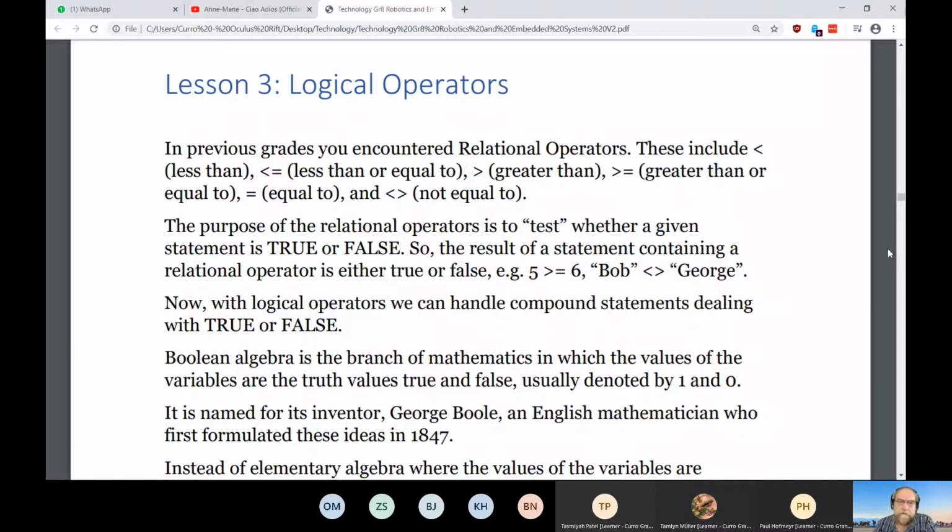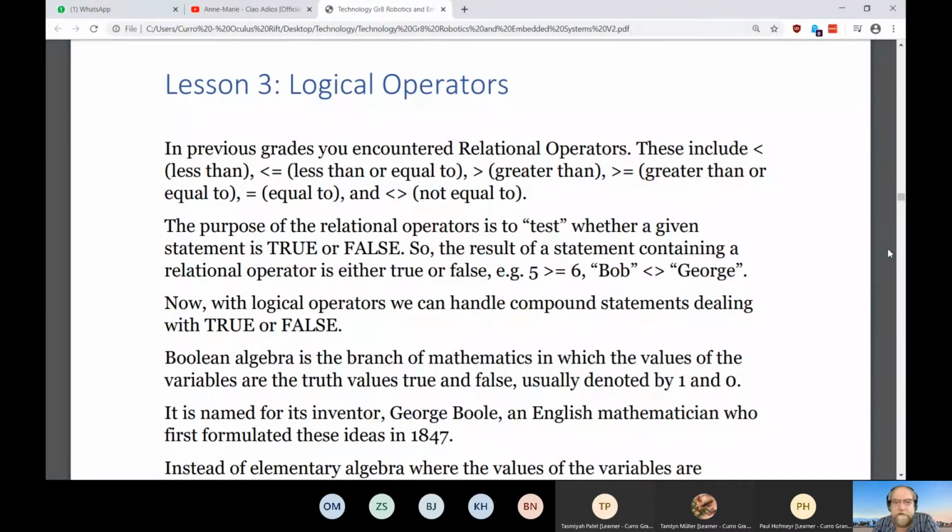Okay, so just going through the notes, they say that in previous grades you've encountered relational operators. Relational operators are things that relate things together. They include less than, greater than, less than or equal to, greater than or equal to, and not equal to. You will have seen this in normal mathematics before, how you can relate two things together.